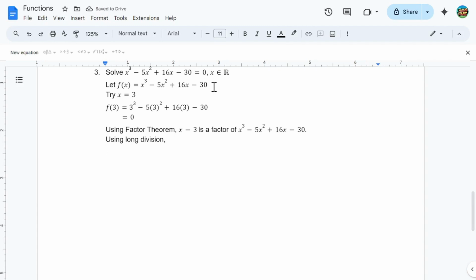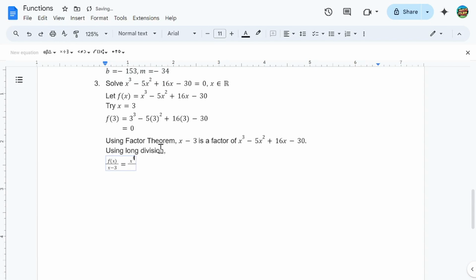So we have function of x over x minus 3 equals x to the power of 3 minus 5x to the power of 2 plus 16x minus 30 over x minus 3.